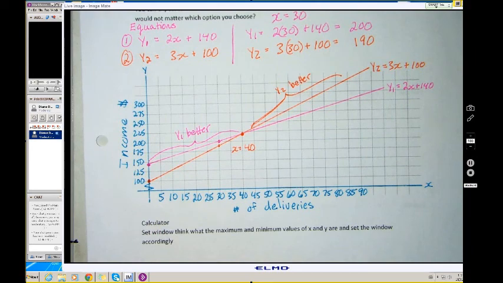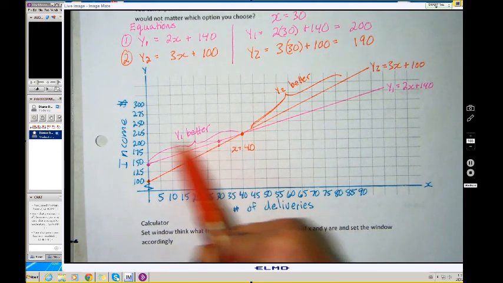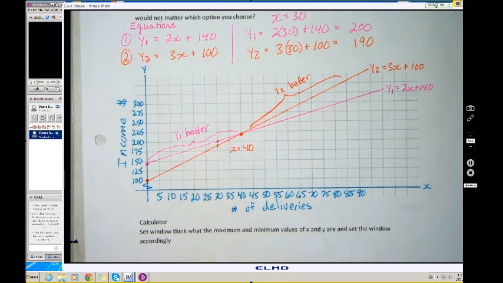How can I find out my income? Exactly, because this is kind of, well, I don't know. I'm guessing 220. You could just put it in the equation, yeah. These two equations and find the answer.